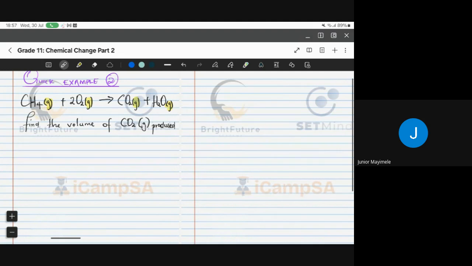That's very good. So find the volume of carbon dioxide produced when 11.2 cubic decimeters of CH4, methane, is burned.